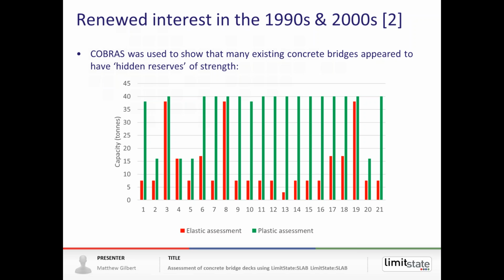So what we have here on the current slide is a red bar which shows the elastic capacity and a green bar which shows the plastic capacity, and you can see in the vast majority of cases the green bar is significantly higher than the red bar, and in most cases the required 40-ton capacity was identified when using plastic or Yieldline analysis.